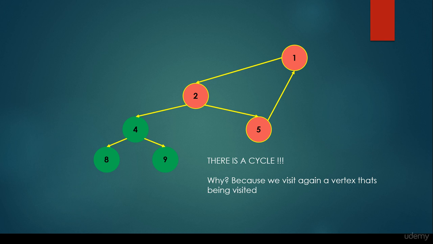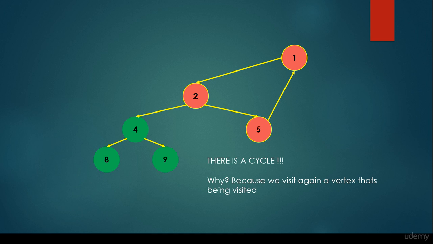So I don't want to repeat myself over and over again, but it's very important what the difference is between being visited and is visited. Vertex 1 is being visited because we haven't considered all the children and the children of its children and so on, because it is a recursive implementation. That's why we call it over and over again on its neighbors and on its children.